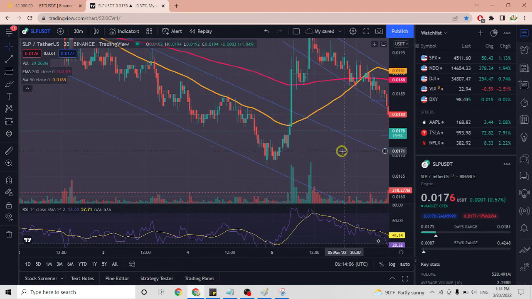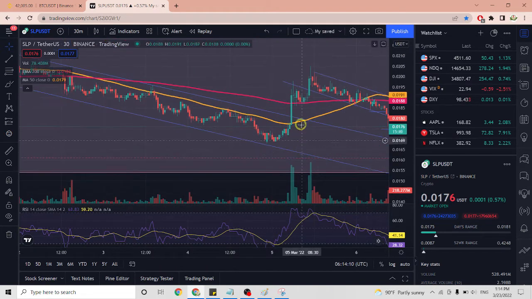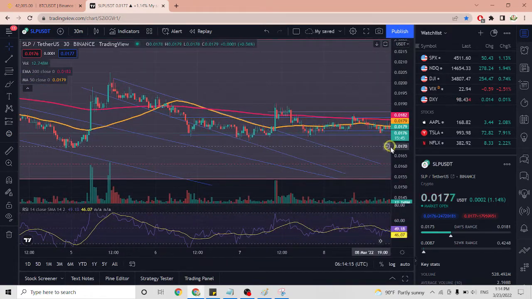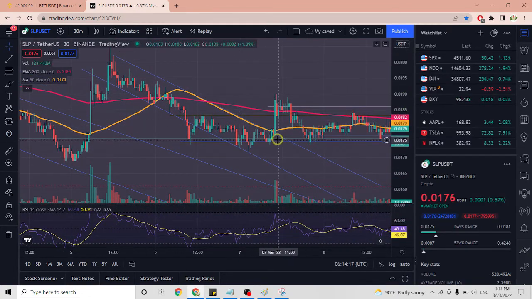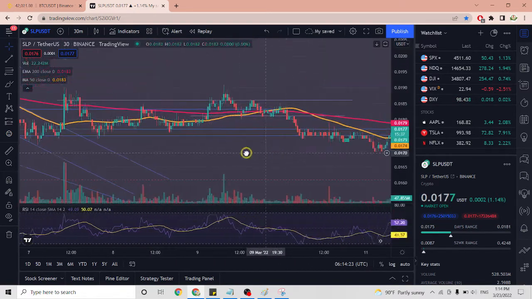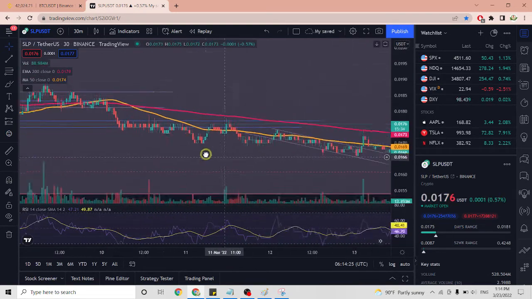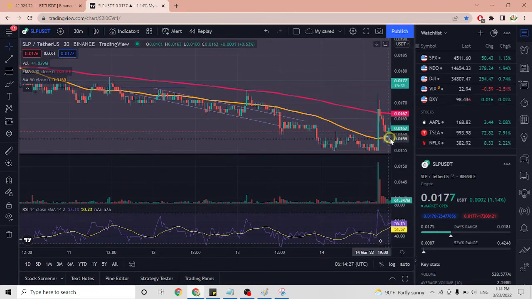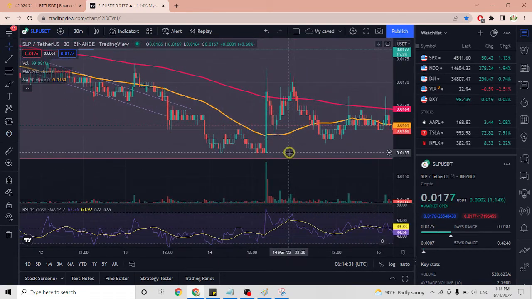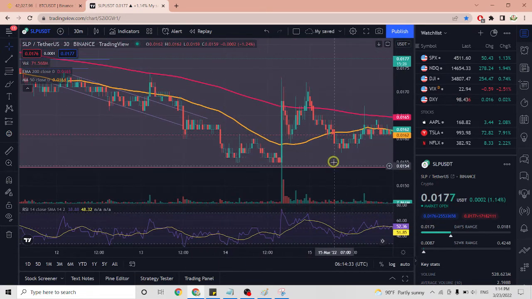This is a breakout from downtrend. This is also a breakout from downtrend here, a real candlestick. This is also breakout.